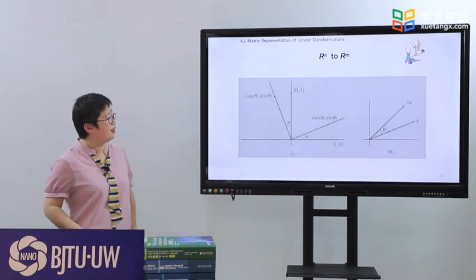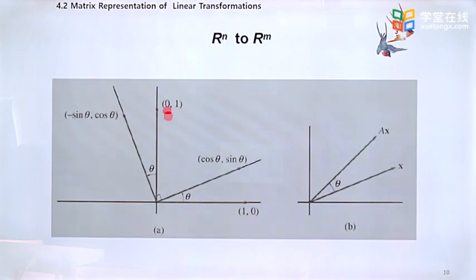Okay, the figure is like this. We have the first coordinate vector and the second coordinate vector in the standard basis. If you rotate the vector (1, 0) anticlockwise by angle theta, you will get this new vector with coordinates cosine theta, sin theta.